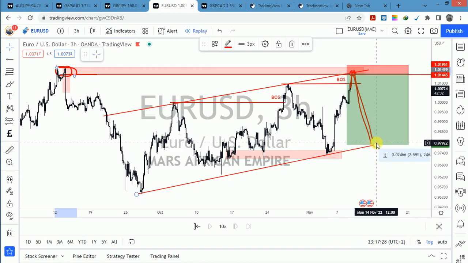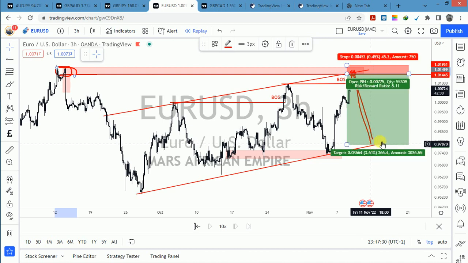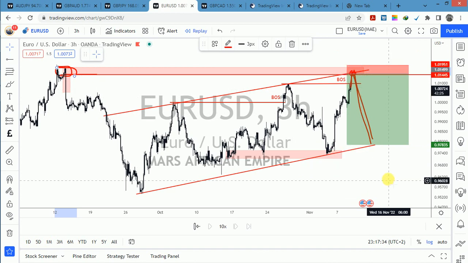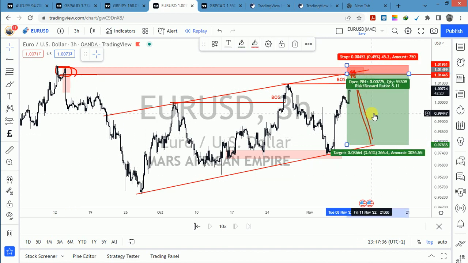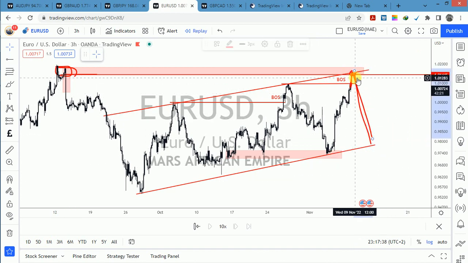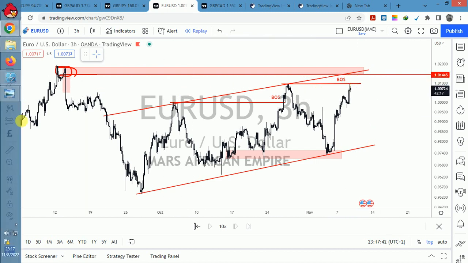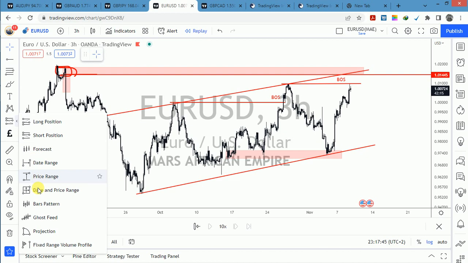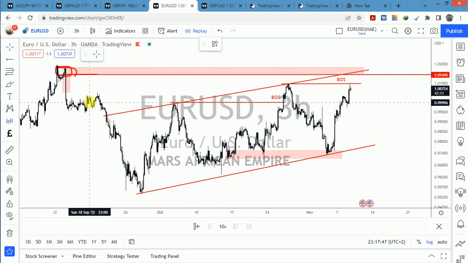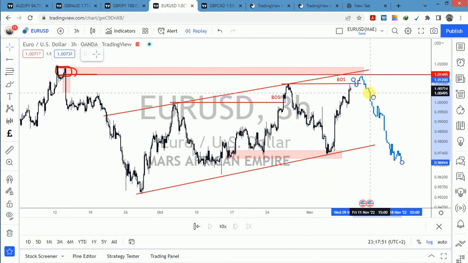But we are going to cross that bridge when we get there. If it gets to this point, we are going to reanalyze it. So for now, let's focus on selling EURUSD. Let me see if I can get the pair. Yes, I can use these here.